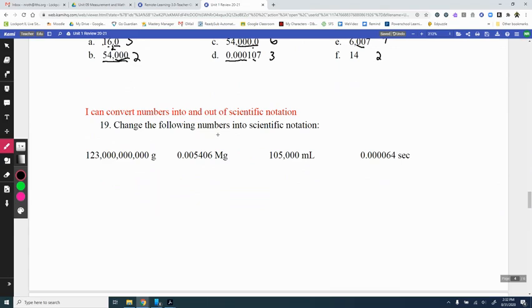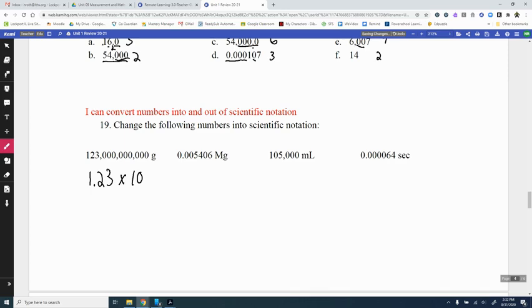All right. Next, we are changing numbers into scientific notation. Remember, in scientific notation you have to move the decimal so that it's after the first non-zero digit. In this first one, 123 billion, the first non-zero digit is the 1. So 1.23 times 10.